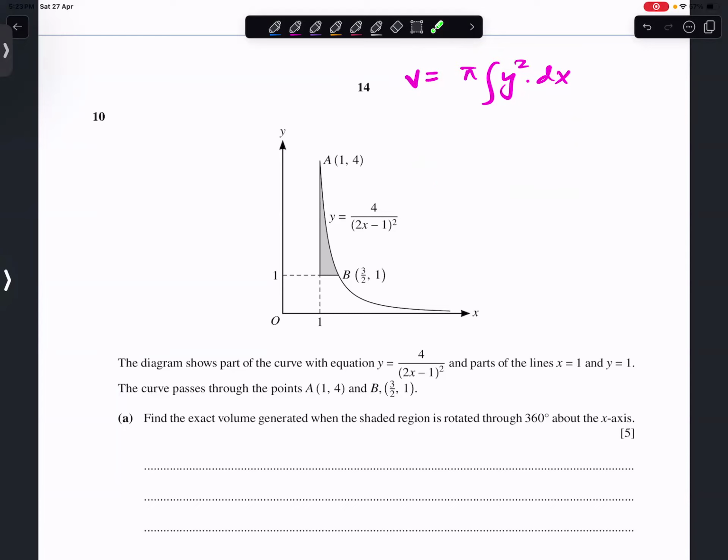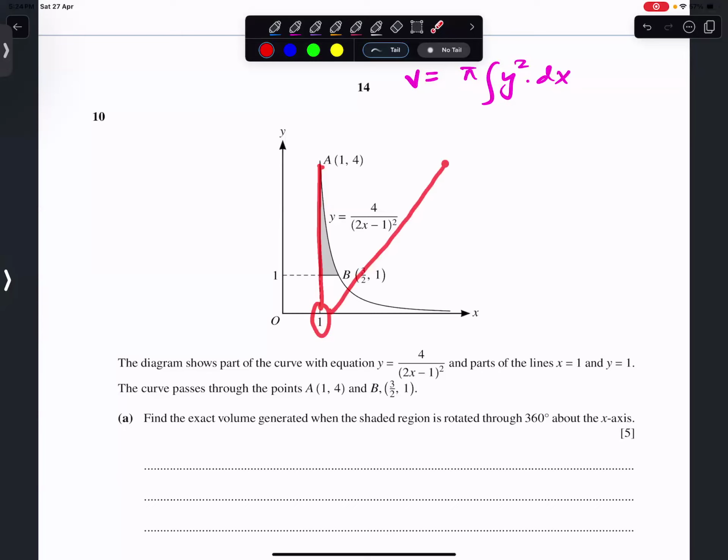This time we are rotating the shaded region about the x-axis. Again, notice the minimum value of x of the shaded region. Obviously this value of x is minimum, so this will be my lower limit of the integral.